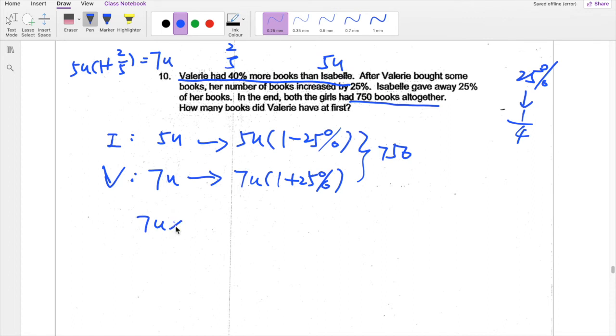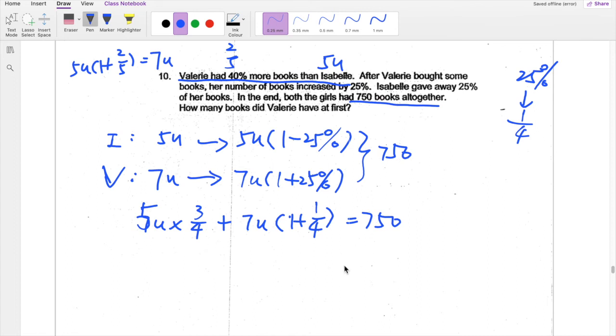So Isabella is 5u times 1 minus 1/4, which is 3/4, plus 7u times 1 plus 1/4. This equals 750, right?